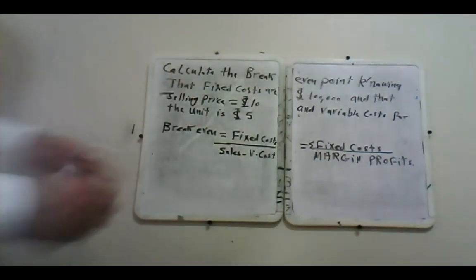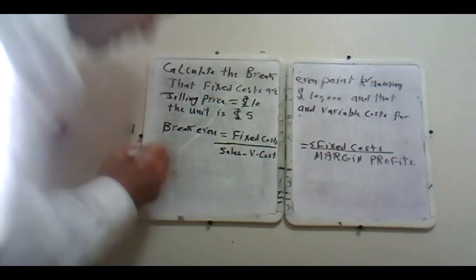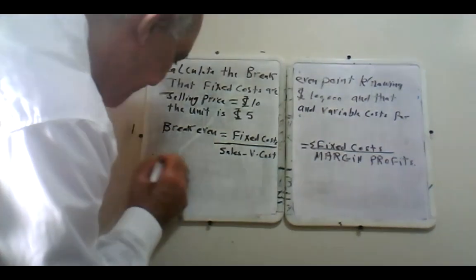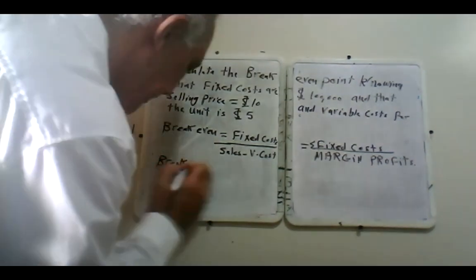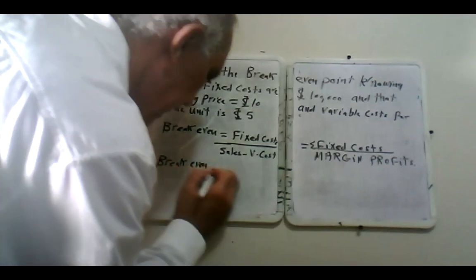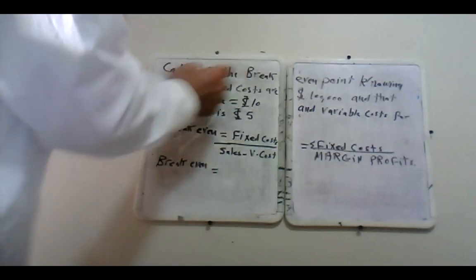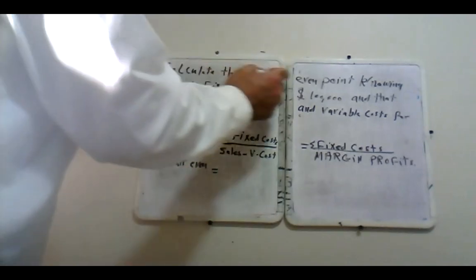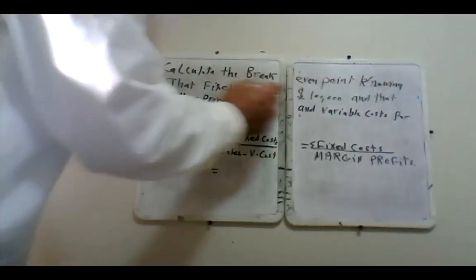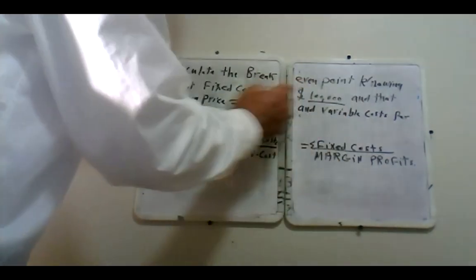Now, to get the break-even point in this example, break-even will equal fixed cost. He's saying calculate the break-even point knowing that the fixed costs are 100,000.